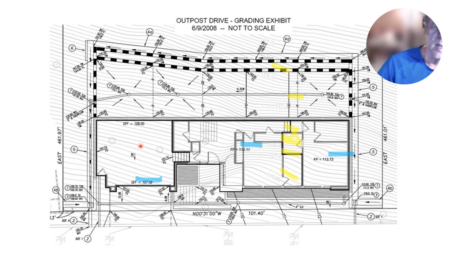Here is a grading plan for a building that's going to be built here. It so happens that this entire building site is going to be in cut, which means that the finished floor elevation and the elevations in this, I think, parking area are going to be lower than the topography that exists out there now. So this all needs to be cut down.